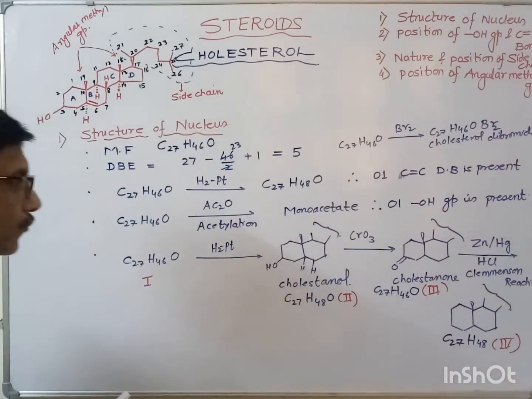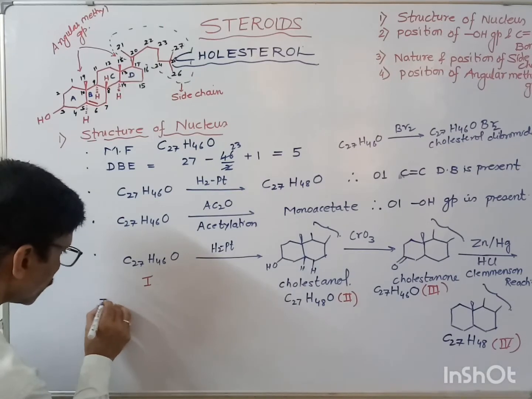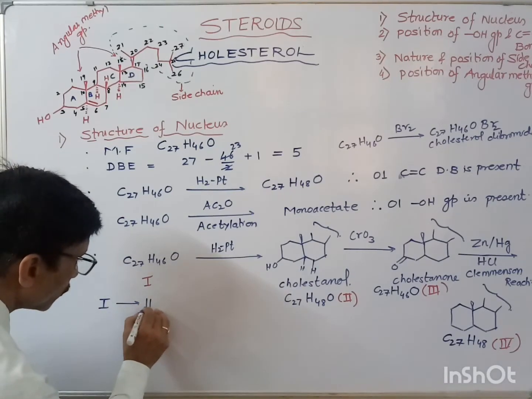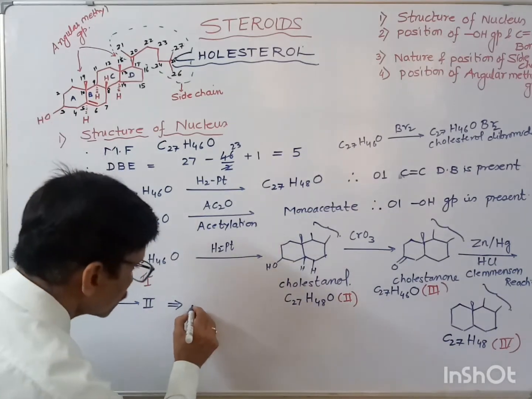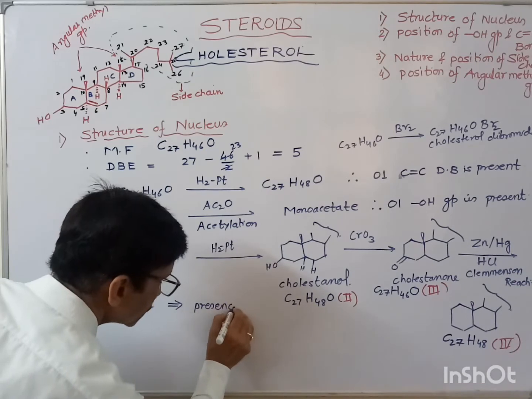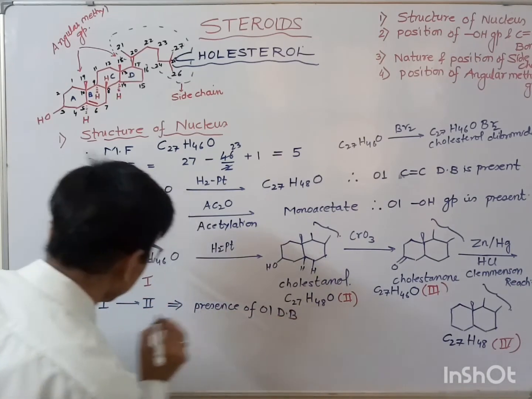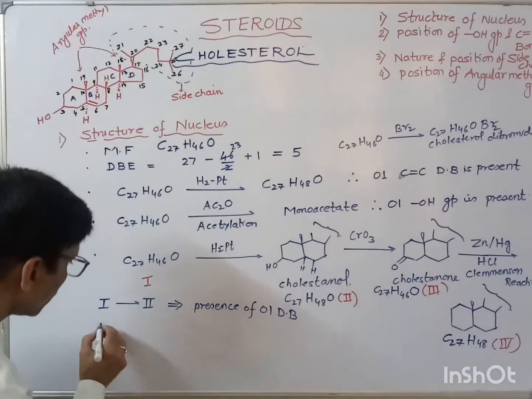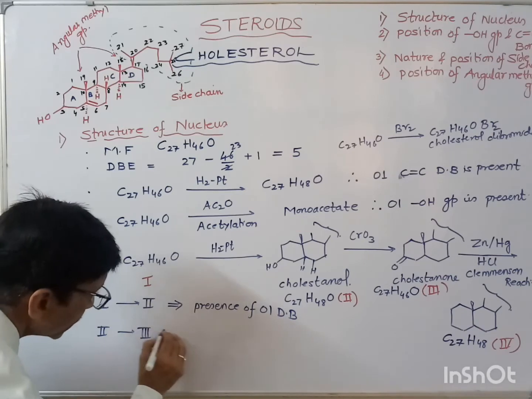Now, what does this reaction indicate? One thing: when it converts from 1 to 2, this indicates the presence of one double bond. Now from 2 to 3, what does this reaction indicate?